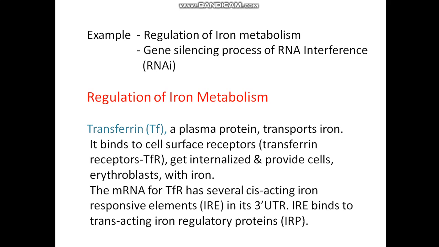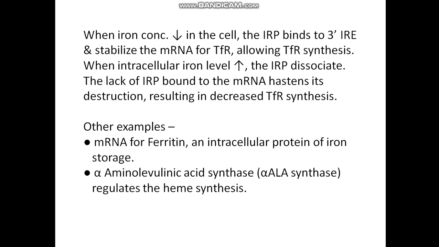Regulation of iron metabolism. Transferrin, a plasma protein, transports iron. It binds to a cell surface receptor, the transferrin receptor, gets internalized, and provides cells with iron. The messenger RNA for the transferrin receptor has several cis-acting iron response elements, IREs, in its 3' UTR, and IREs bind to trans-acting iron regulatory proteins.